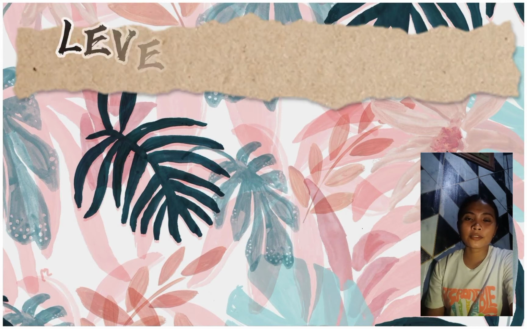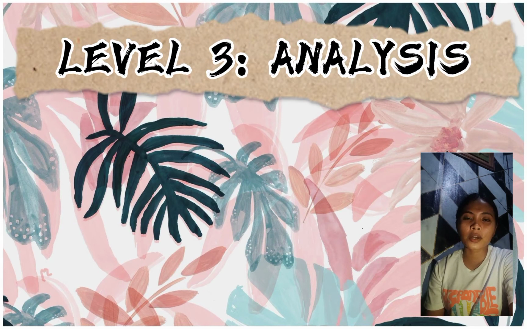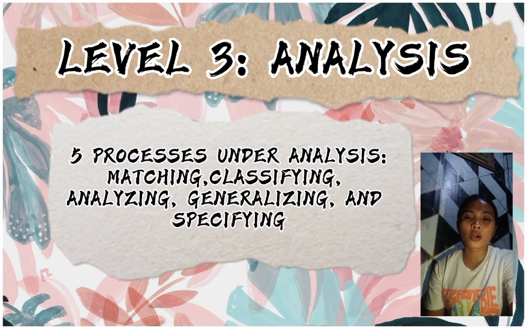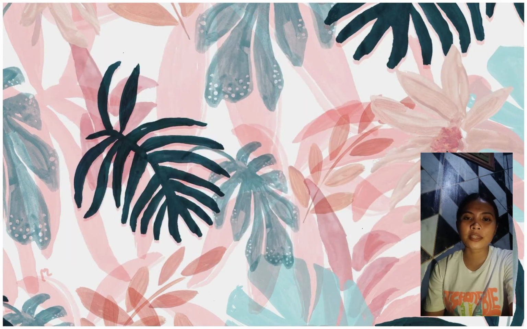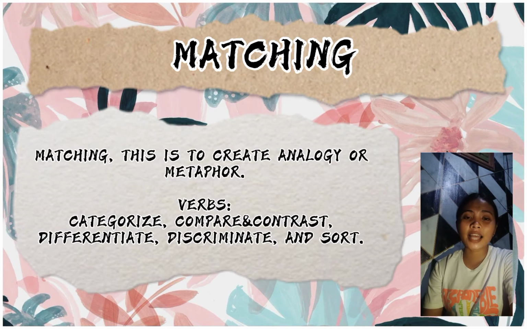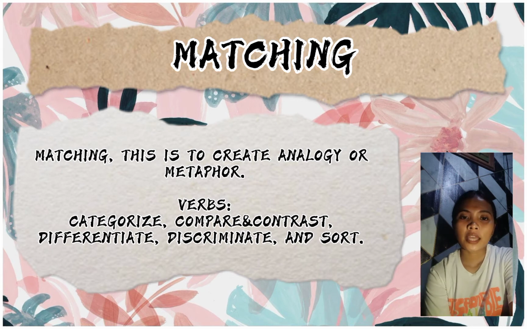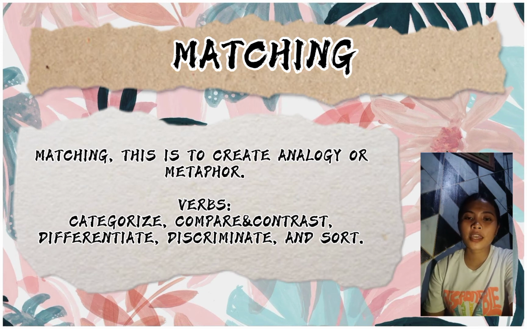So next is the third level of difficulty. We have the analysis. Under the analysis, there are 5 processes, and those are matching, classifying, analyzing, generalizing, and specifying. When we say matching, this is to create an analogy or a metaphor. It's simply corresponding to the thing that is related to or equal. The outcome verbs of matching are categorize, compare and contrast, differentiate, discriminate, and of course sort.